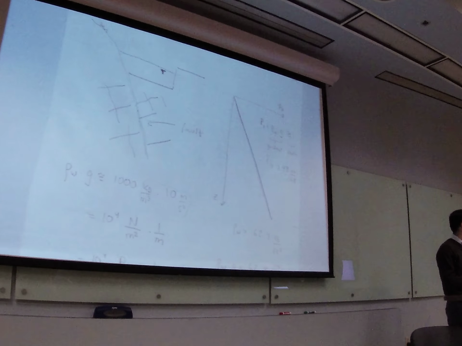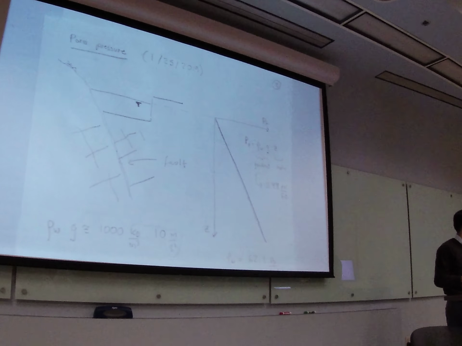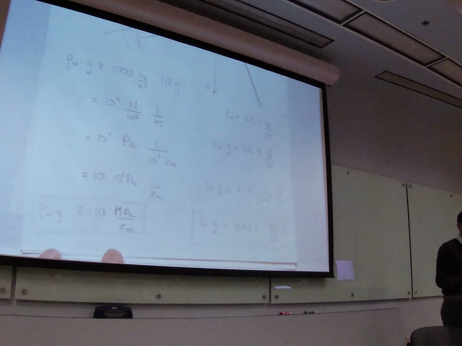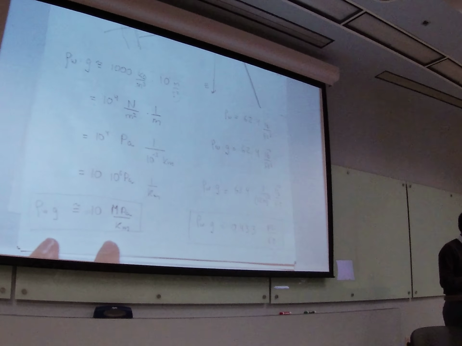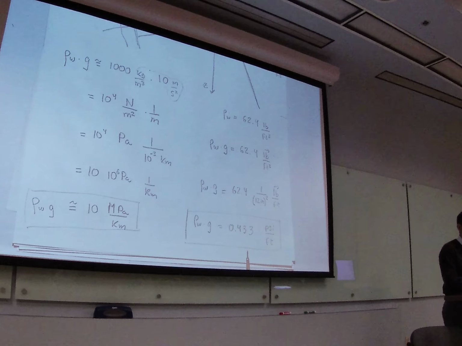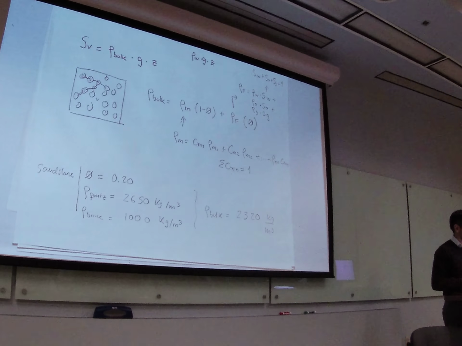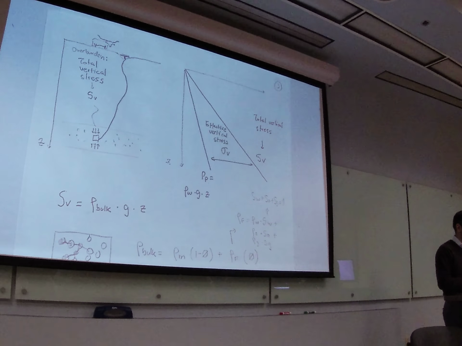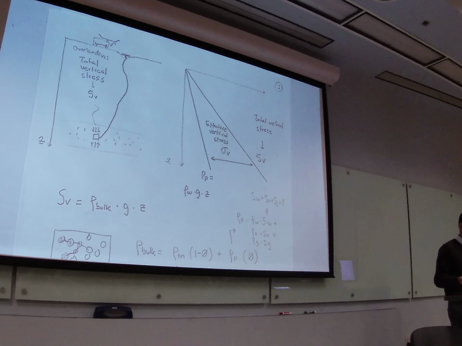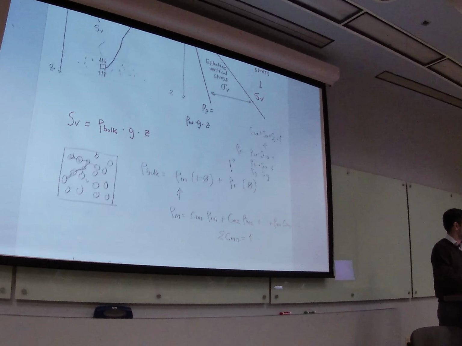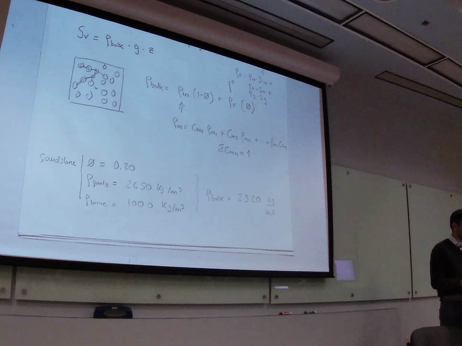We talked about pore pressure, and we said that pore pressure increases about 10 MPa per kilometer in SI units, or about 0.43, 0.44 psi per foot. We also talked about total vertical stress in these onshore conditions. We calculated that the bulk mass density of rock is about 2,320 kilograms per meter cubed.